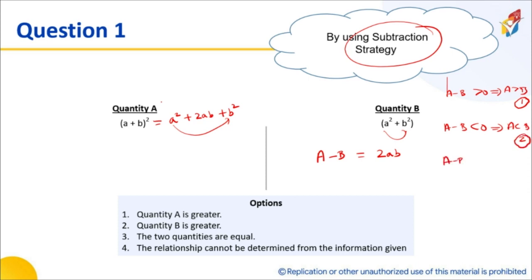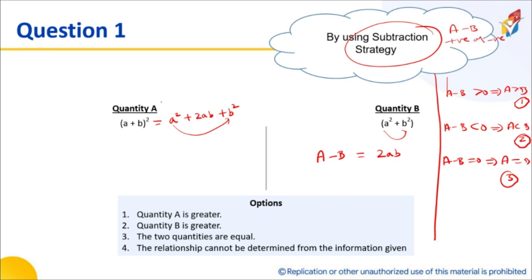If A minus B is equal to 0, I can say A is equal to B. I will mark option 3. If I don't know whether A minus B is positive or negative, I will mark option 4. So whenever you're using the subtraction method, you are looking at what A minus B is, is it positive or negative?